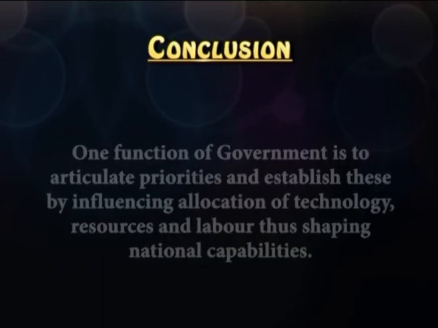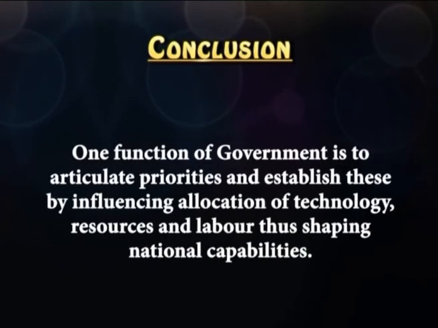Conclusion. One function of government is to articulate priorities and establish these by influencing allocation of technology, resources and labour, thus shaping national capabilities. What population demands are, and how they are met or proposed to be met, depends on the level of technology and resources that are directly available within national boundaries.